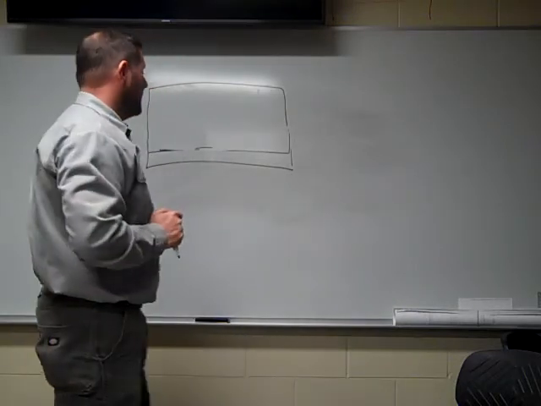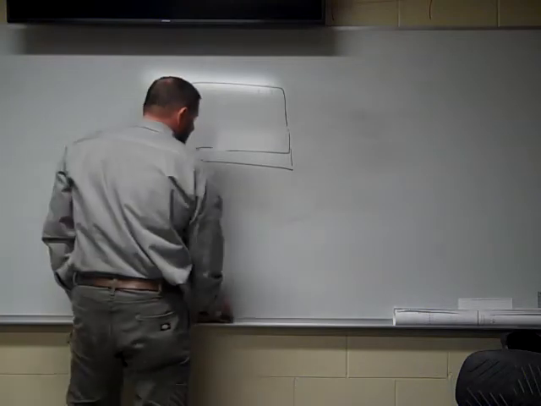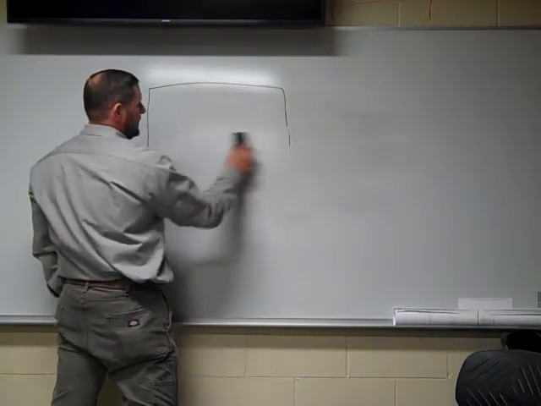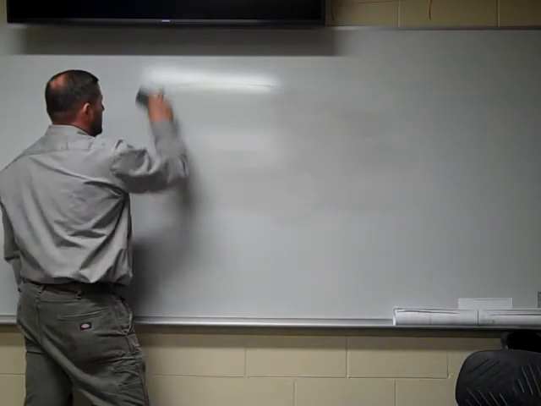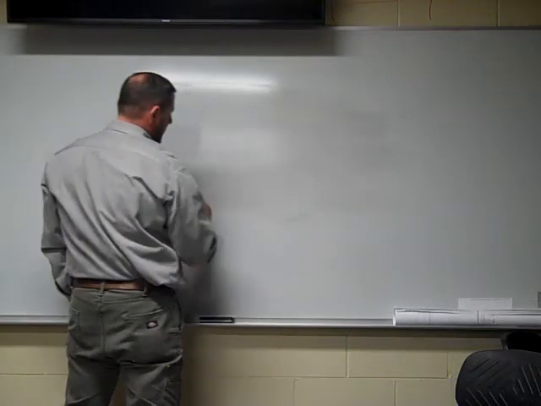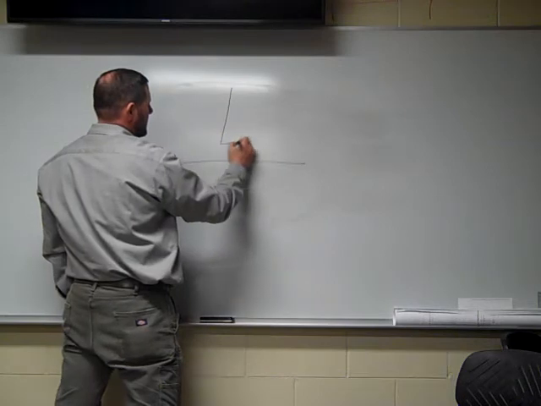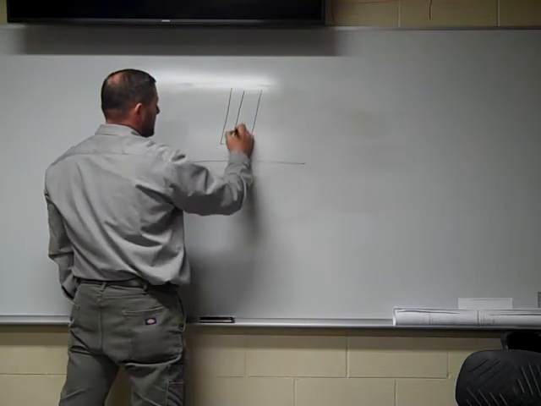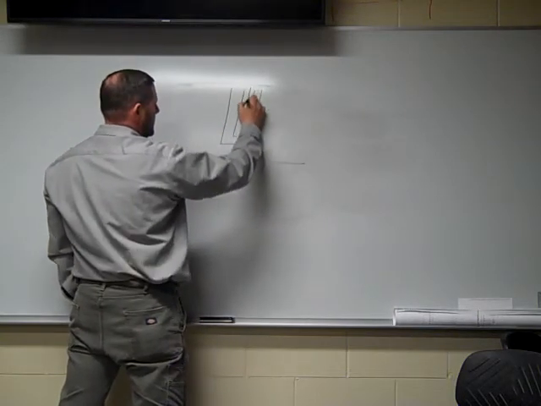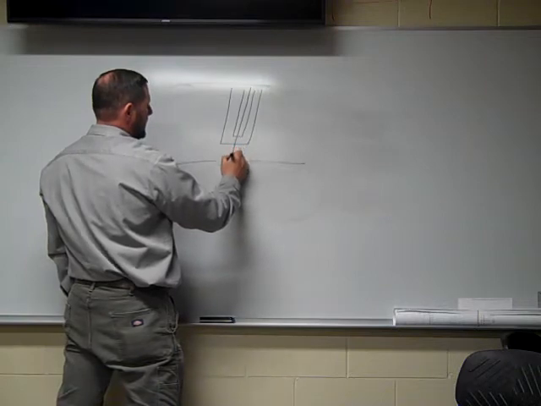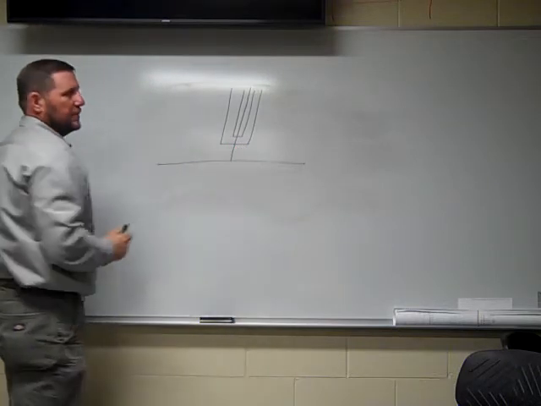Electrode extension. What is that? A lot of times this is called stick out. This is all determined by, here's my piece of metal I'm welding on. Here's my nozzle, contact tube, here's my wire. That is the distance of how far your wire sticks out.